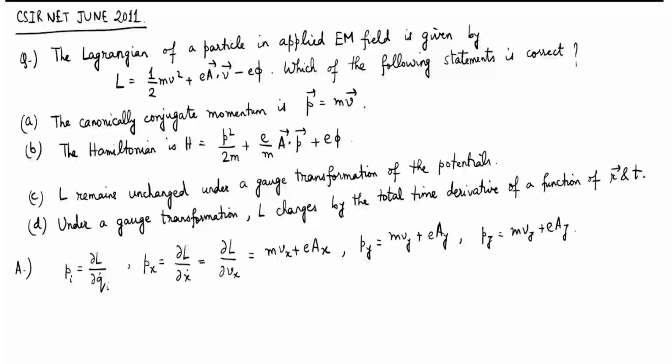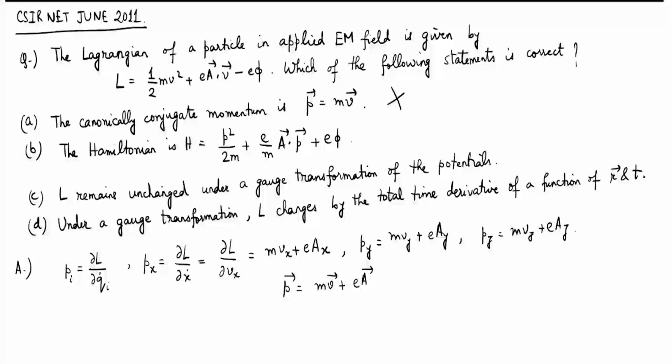So P is not mV. So P is mV plus eA. Right? P is mV plus eA. So this is wrong. This is not correct. This is false.